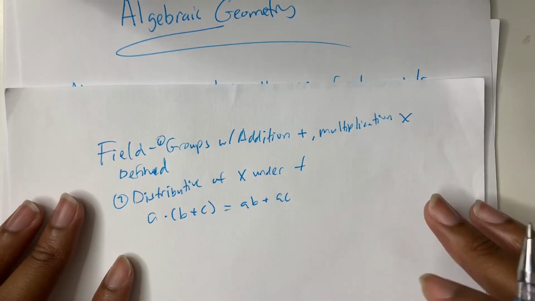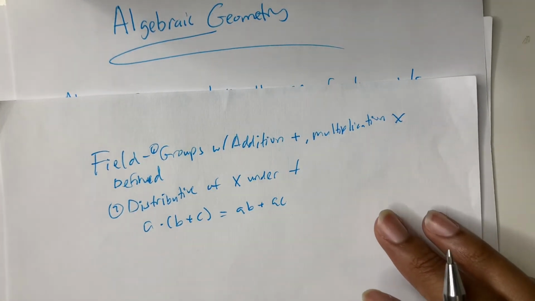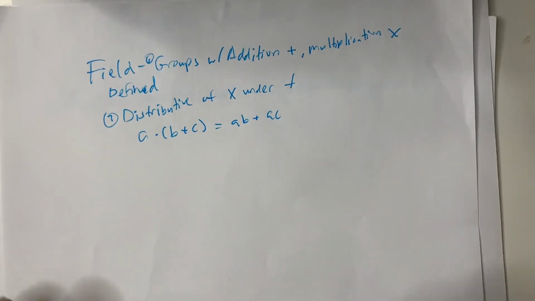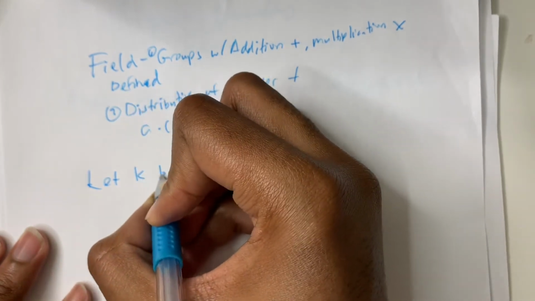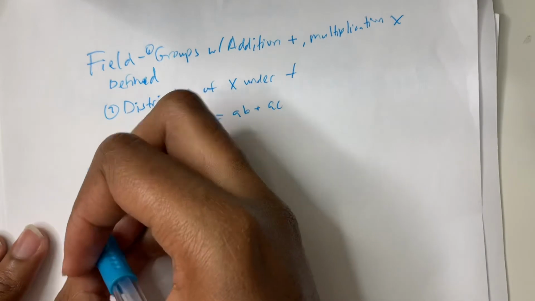And there are other fields that we can devise with these axioms. But let's put that aside and get into some more definitions. So let K be a field. Okay, so K is a field.